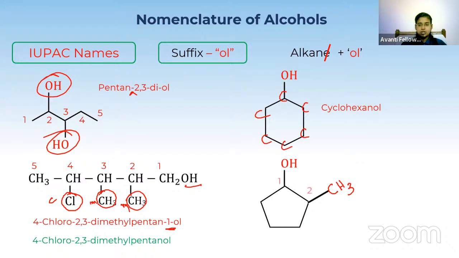The OH-attached carbon should get number 1 and this CH3 is number 2. The name of the compound is 2-methylcyclopentan-1-ol. Very good. 2-methylcyclopentanol. Because in the ring we have 5 carbons, so it is cyclopentane. And on the second carbon we have methyl. So it is 2-methylcyclopentanol.